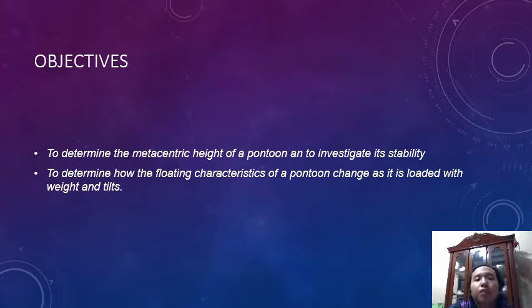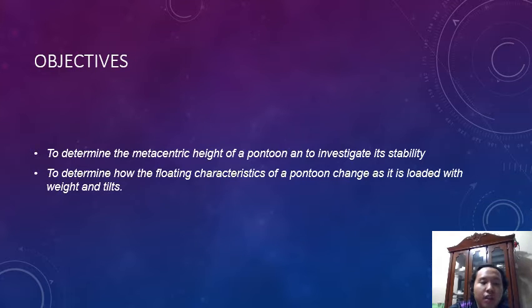Now we will go to the objective: to determine the metacentric height of a pontoon and to investigate its stability. The purpose of this experiment is to understand the concept of stability.